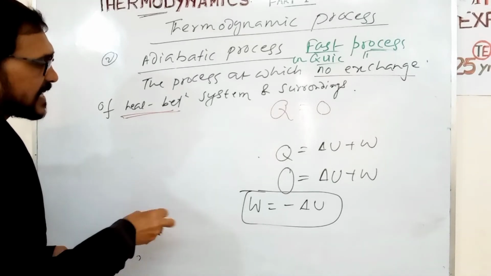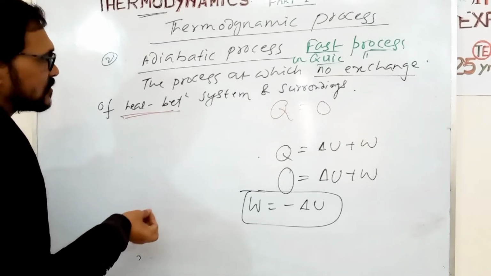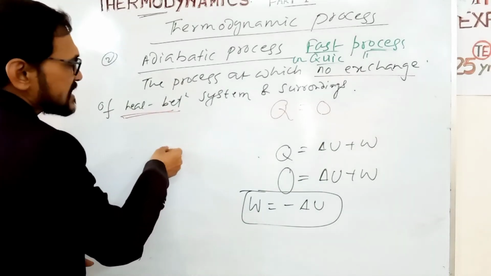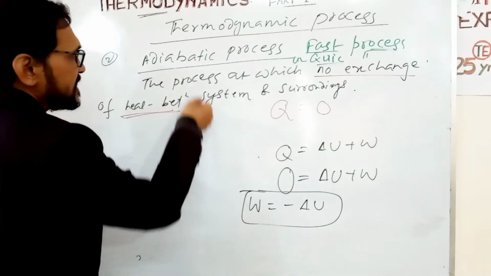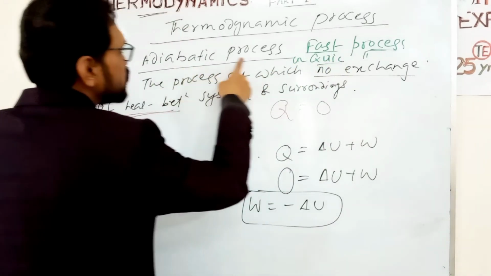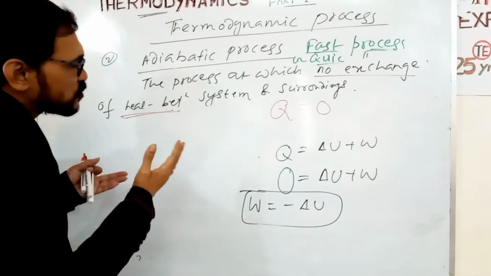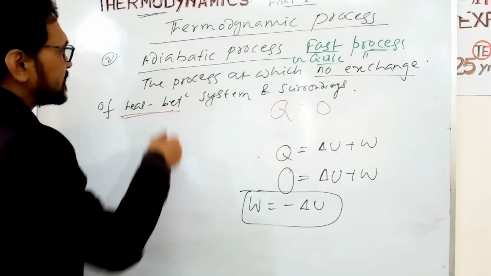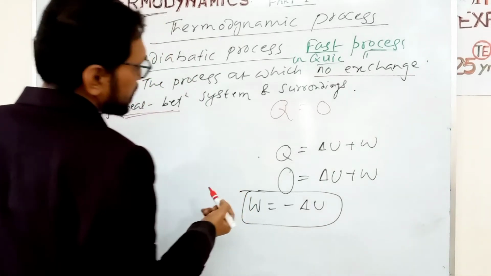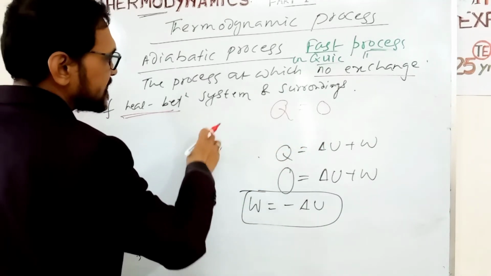If it takes enough time, then heat can be exchanged slightly. If heat enters the system or is rejected from the system, it cannot remain adiabatic. That's why the adiabatic process is suitable for fast processes, because over a long time some heat enters or leaves the system.